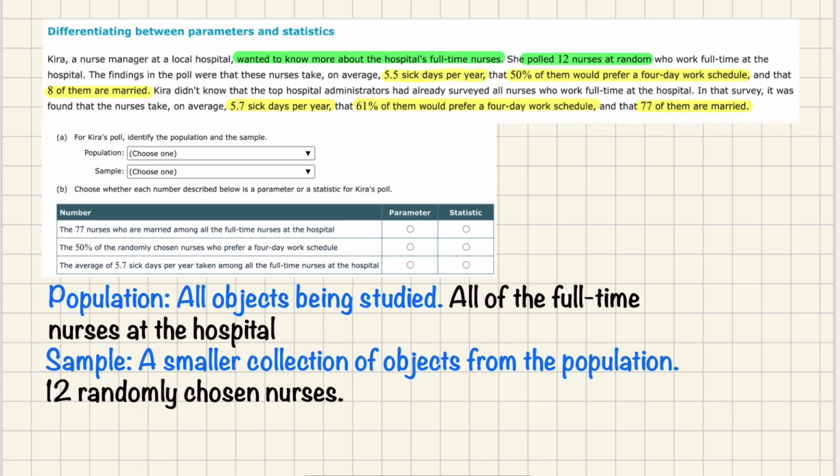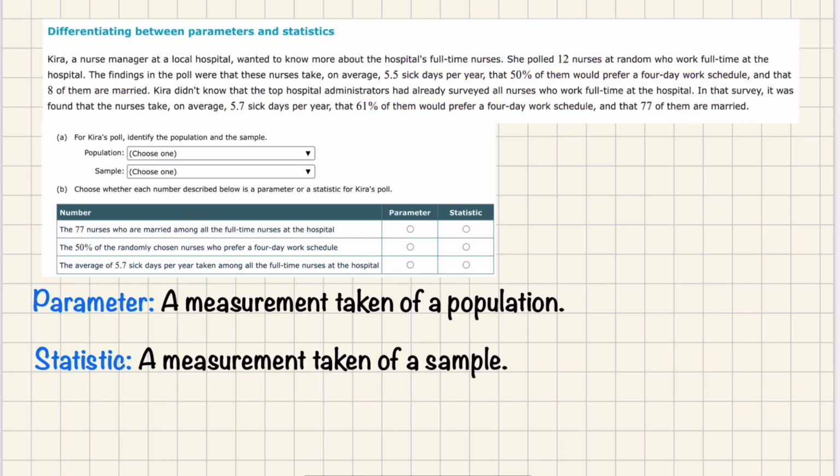And then in part B, we're given several of the values that were cited in this example and asked if each of these is either a parameter or a statistic. And keeping in mind that a parameter is a measurement taken of a population and a statistic is a measurement taken from a sample, we recall that from Kira's sample of 12 nurses, her measurements were 5.5 sick days per year, 50% would prefer a 4-day work week, and 8 are married.